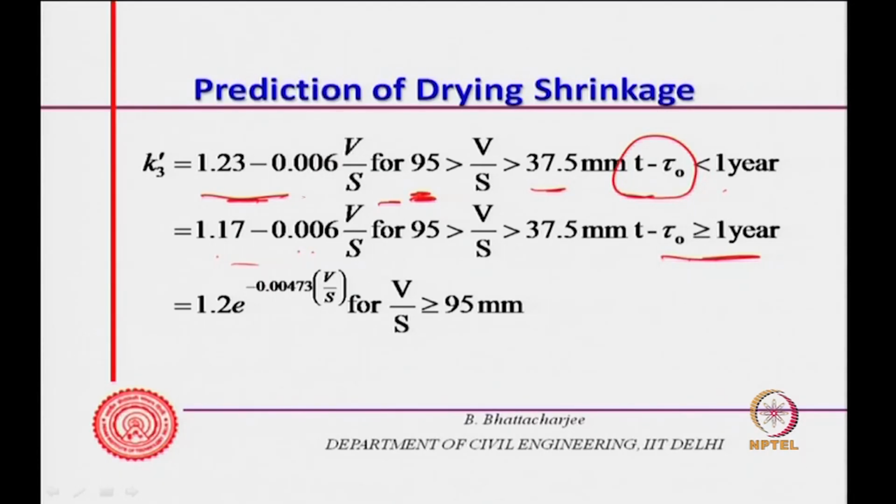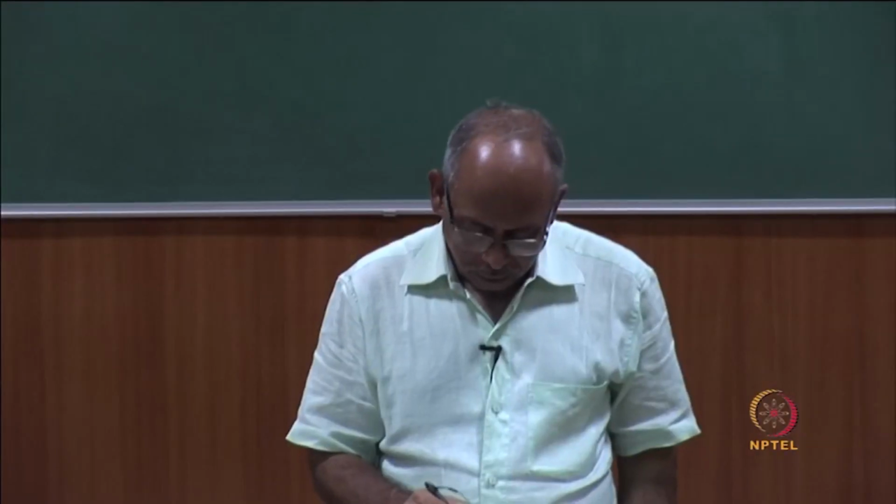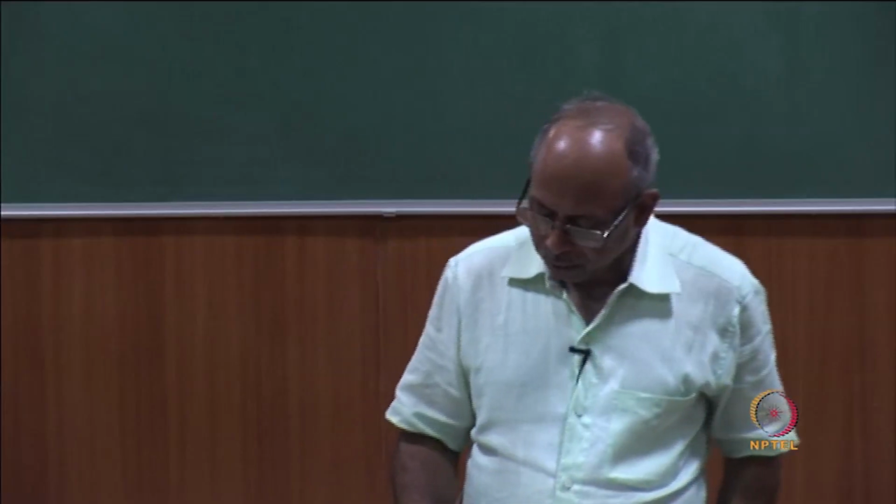If it is more than 95 centimeter, it is given by the formula 1.2 exponential of minus 0.00473 V by S. So, the curves that we discussed earlier are related to those curves, right. That is how we find out the volume to surface area ratio effect.